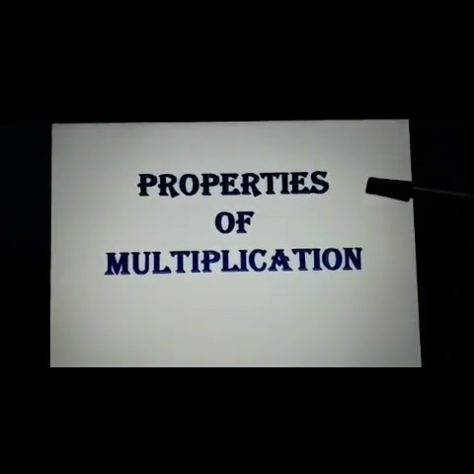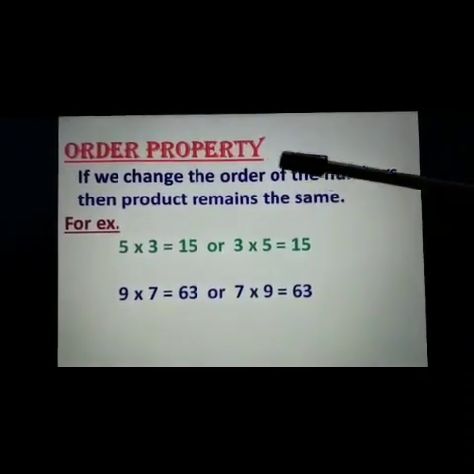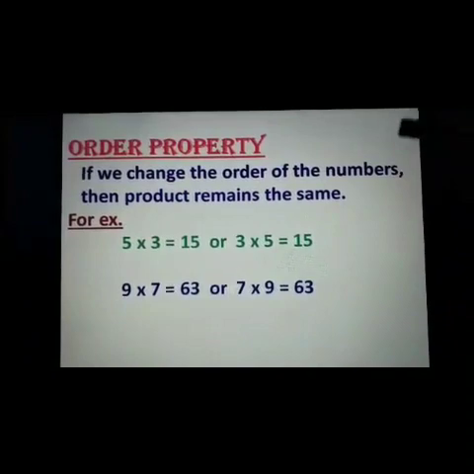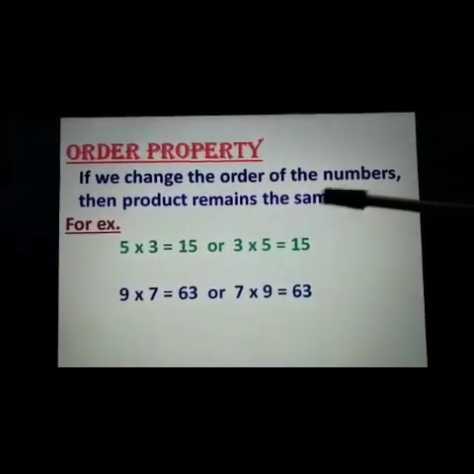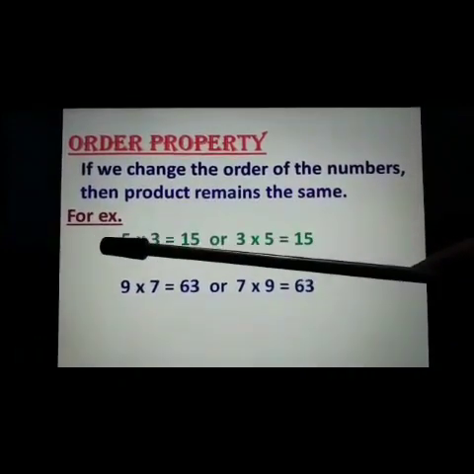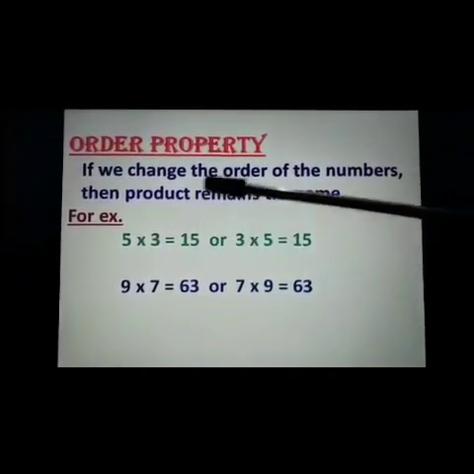Now there are some properties of multiplication. Now first property is order property. If we change the order of the numbers then product remains the same. That means अगर हम मल्टीप्लिकेंड और मल्टीप्लायर का ऑर्डर चेंज कर दें तो आंसर हमेशा सेम रहेगा.